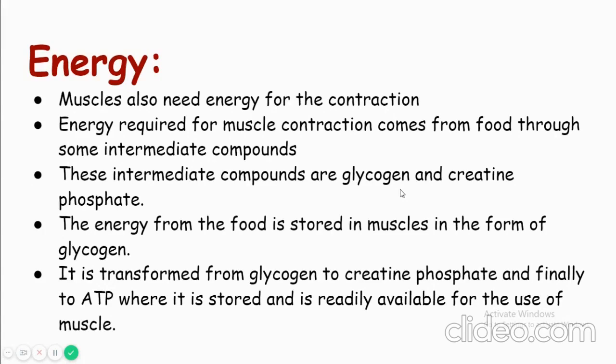The degradation of creatine phosphate gives ATP, adenosine triphosphate, and that ATP is stored in the muscles. Whenever muscle contraction is required, that energy in the form of ATP is used, and then the muscle contracts. Okay.